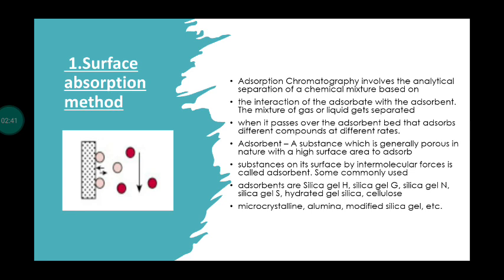The adsorbent has a specific site where its interaction with the adsorbate occurs. The strength of the interaction between the adsorbate and adsorbent is governed by the number of interactions and interacting sites on the surface. The efficiency of the separation depends on the solubility of the molecule in the mobile phase and binding strength to the stationary phase.